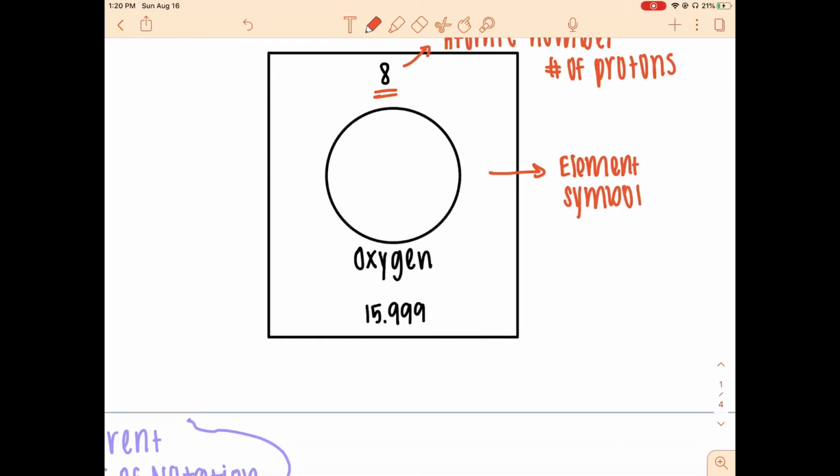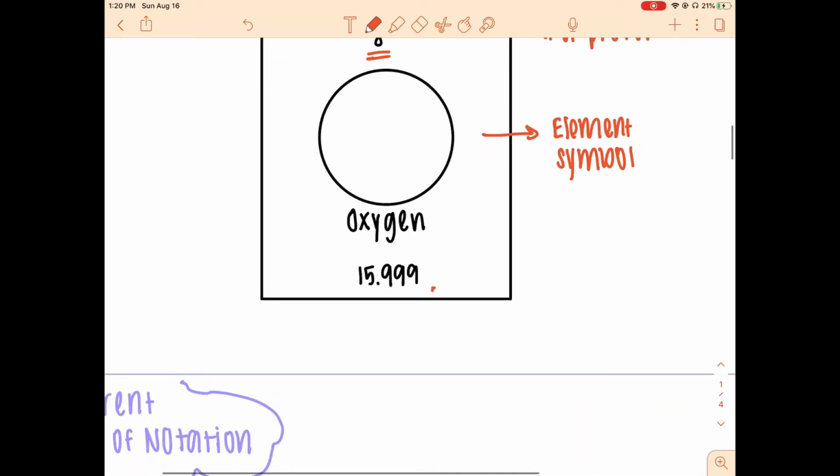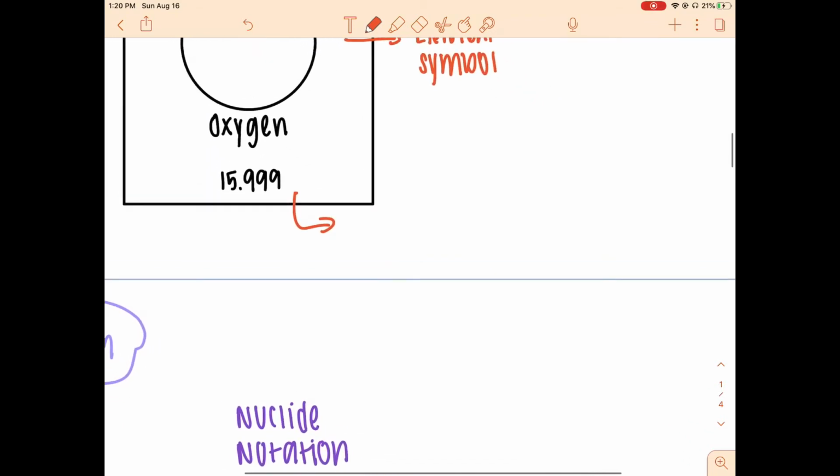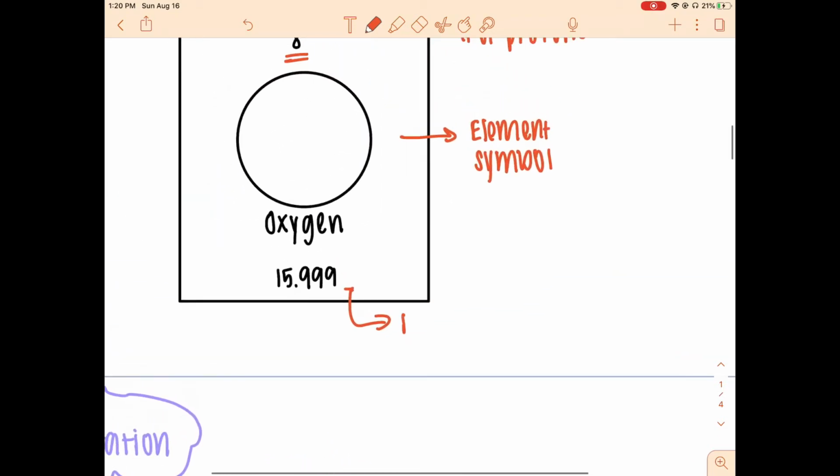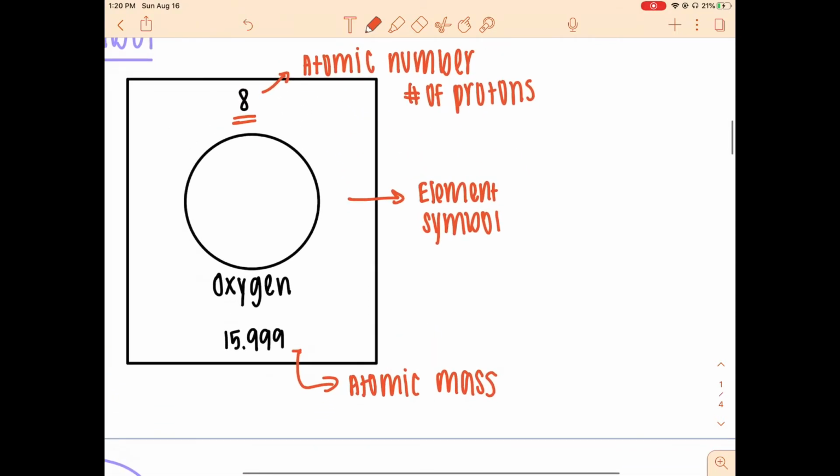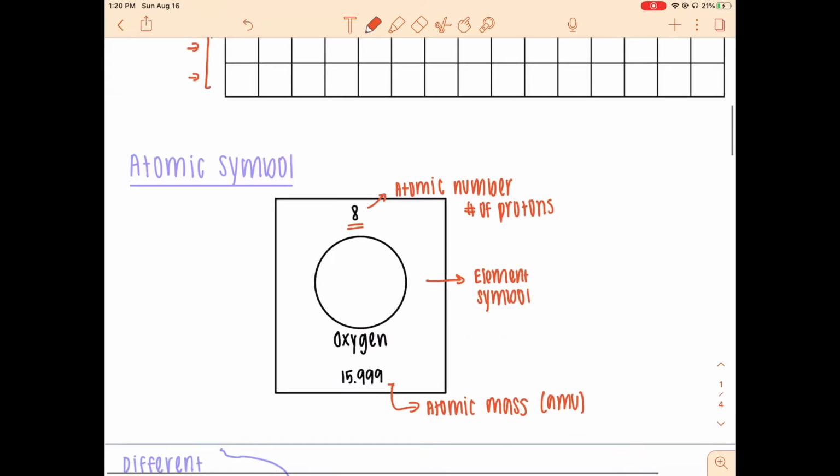We have the name of the element, not in all periodic tables, but in some of them. And then at the bottom, we have the atomic mass of the element. The atomic mass is measured in atomic mass units, and it's approximated to the 3rd decimal place, so we round it up there. That's another way we organize the periodic table, but as you'll learn later, there are some exceptions to this rule.